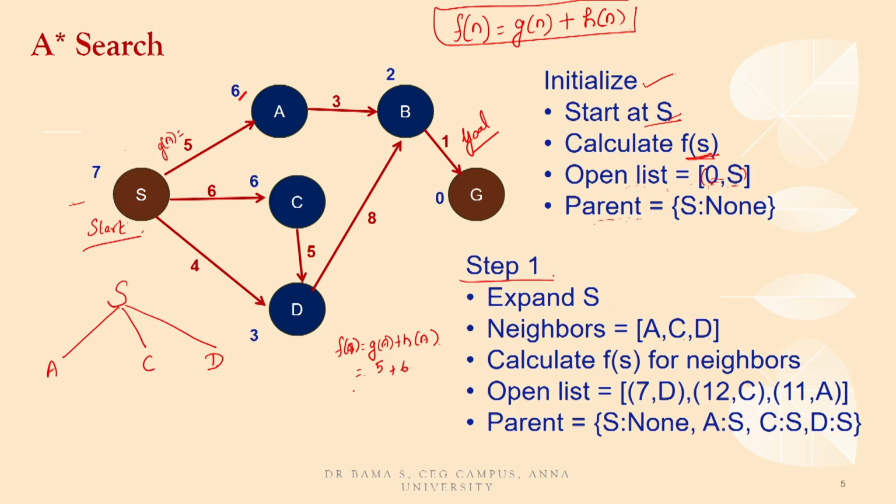So, totally f of A is going to get the value of 11. So, this 11 is the value for A, that comes from 5 plus this 6.